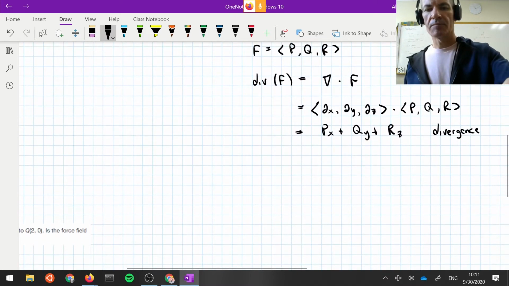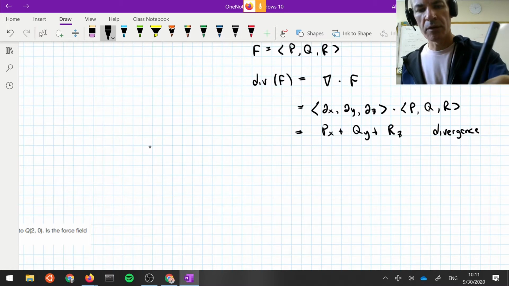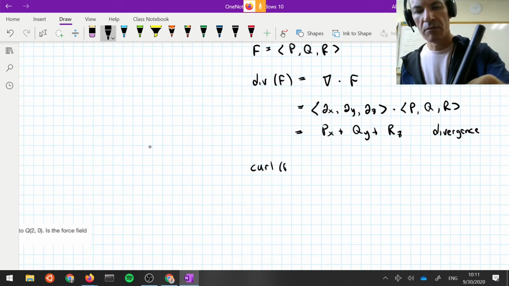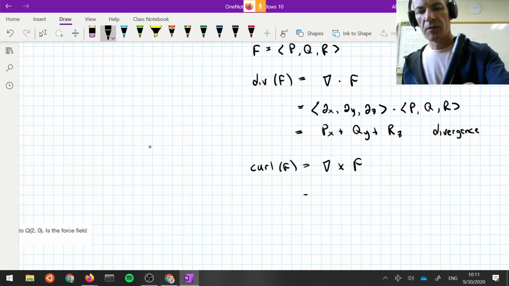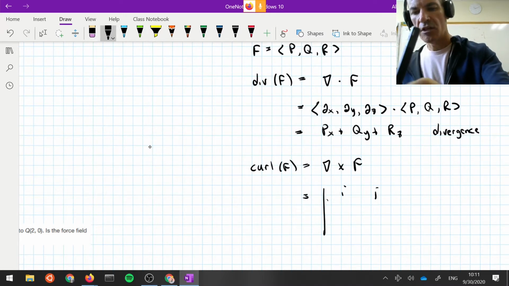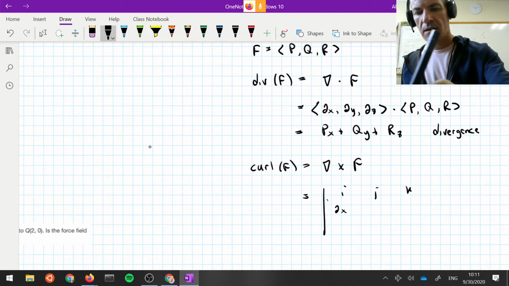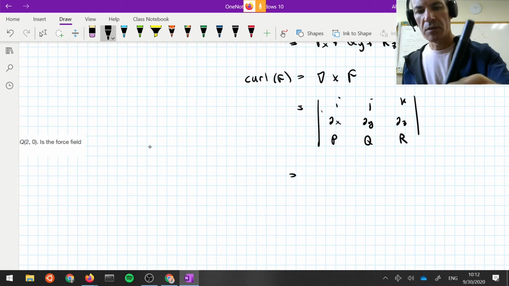And then finally, if we have, again, a vector field P, Q, R and we want to compute the curl of F, it's del cross F. And if we use the mnemonic that we're used to, that's i, j, k, partial with respect to x, partial with respect to y, partial with respect to z, and then the components of F, P, Q, and R. And now you start computing.